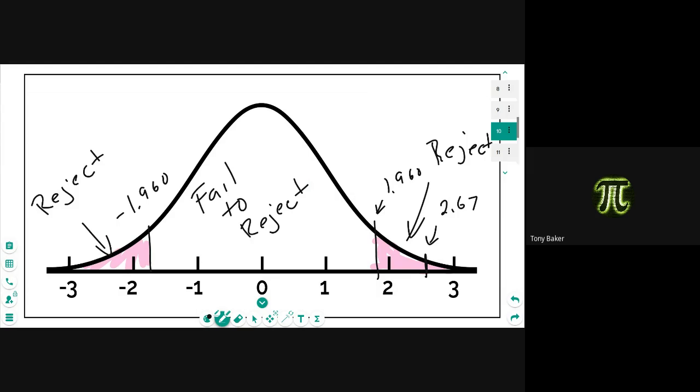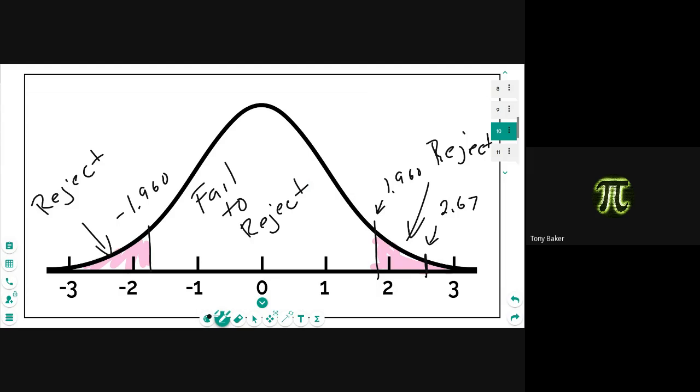So if we are in that shaded area, we reject the null hypothesis. If we are not in that shaded area, if we're in the middle, we fail to reject the null hypothesis. Notice I did not say accept it. It is reject or fail to reject. Those are the only two options.